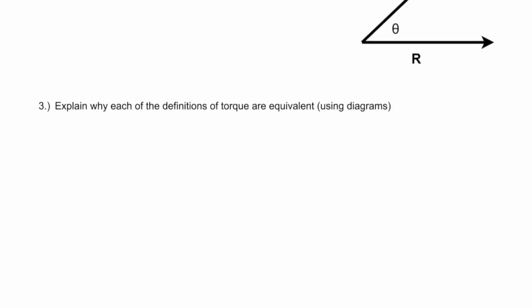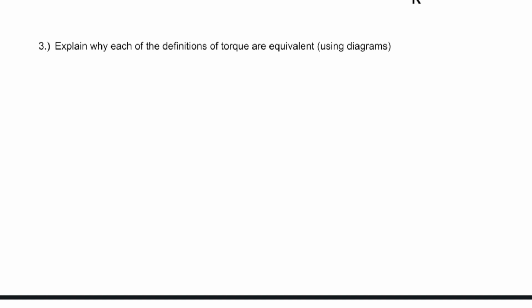So let's explain why the definitions of torque are equivalent. So the thing we know as sort of our base is that torque is equal to R F sine theta. And we're going to show that this is equivalent to the other two methods.